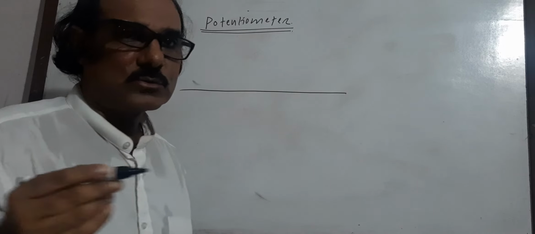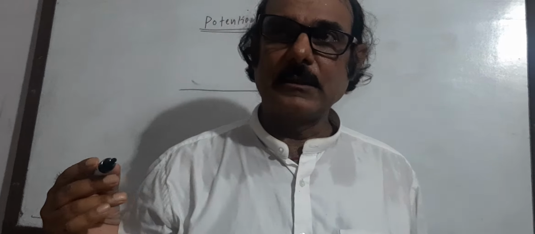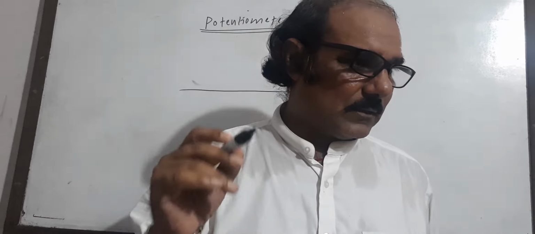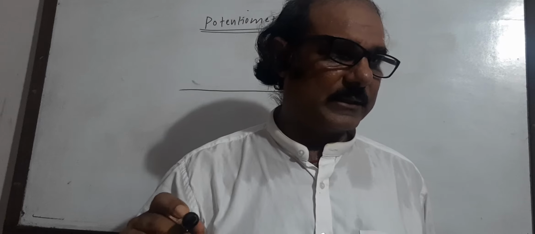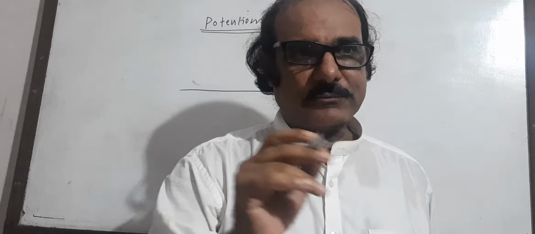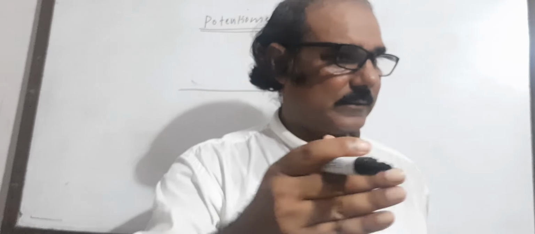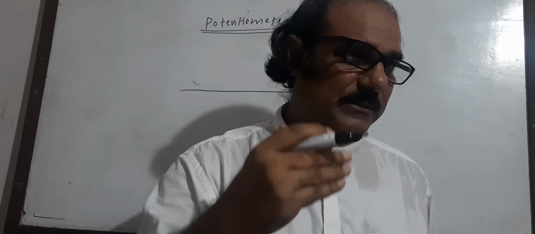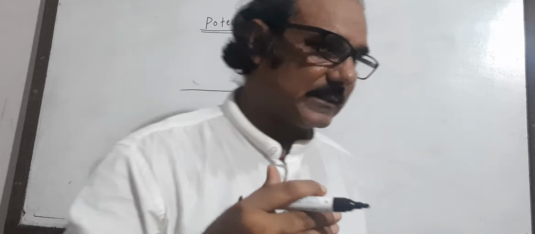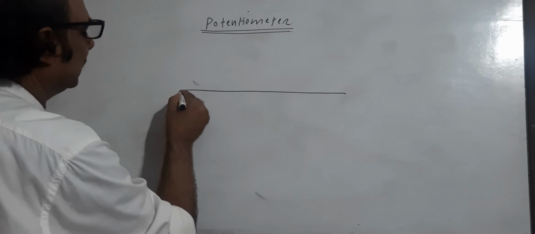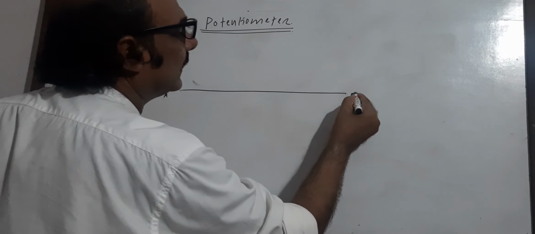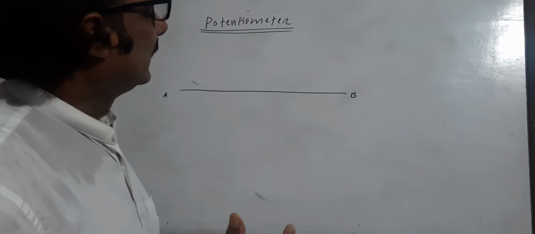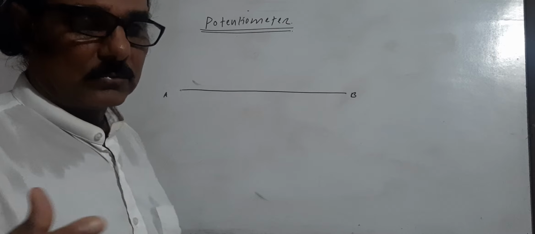In general, the potentiometer consists of a very long wire of 4 meter, 8 meter, 10 meter, but it is folded in different folds. For simplicity, it is considered simply in the form of a wire AB, but actually the whole length of the wire is not necessarily 1 meter.